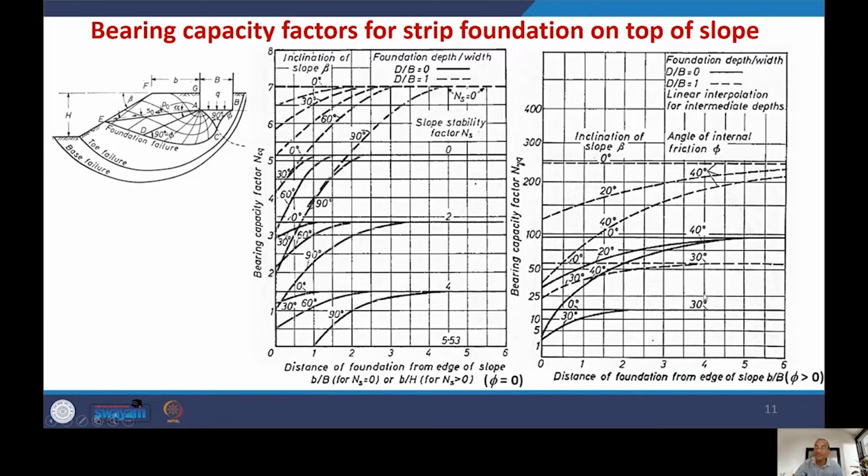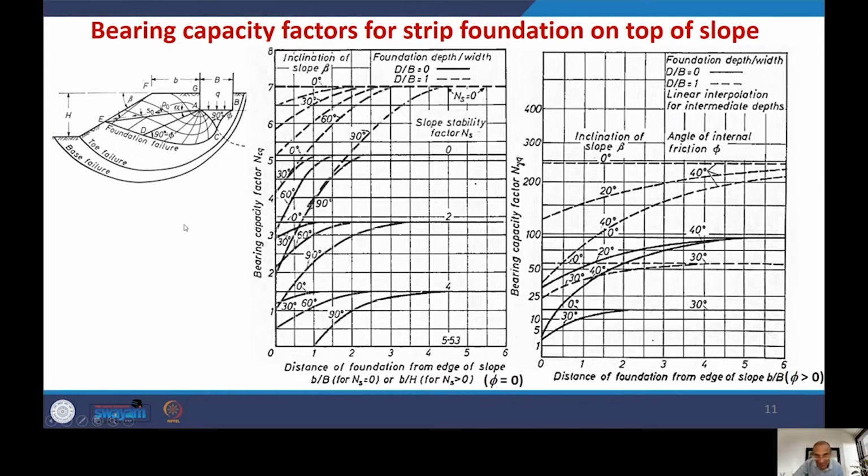So naturally, when the angle of internal friction increases, the factor N gamma Q will increase. However, when the inclination of slope, that is beta, increases, then it is expected that this bearing capacity factor will decrease.